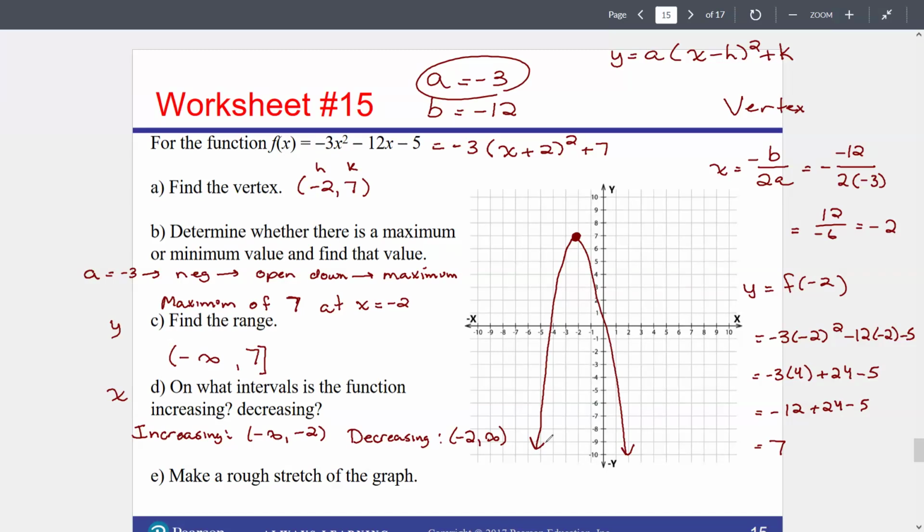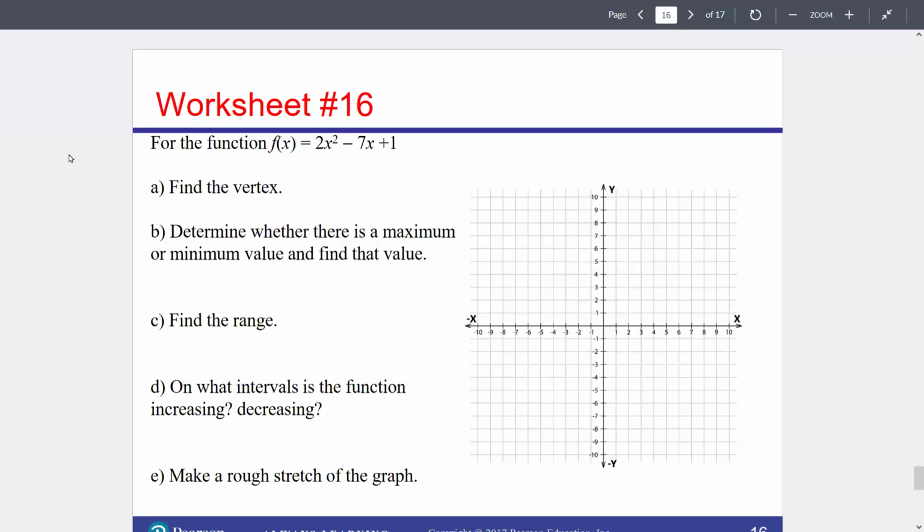Other points that we want to look for in the future are going to be x-intercepts and things like that. We could use some other points. That's essentially what our graph is going to look like. So as we see, looking at the range, I start from -infinity, and then when I hit 7, I max out. I'm increasing as x goes from -infinity up to -2, and then after that, I'm decreasing.